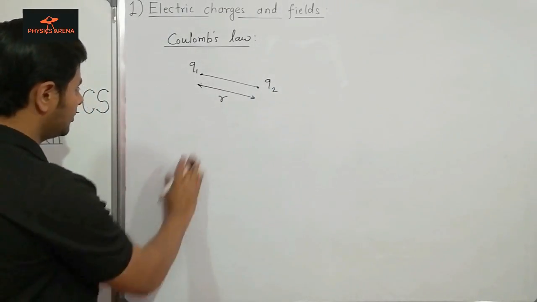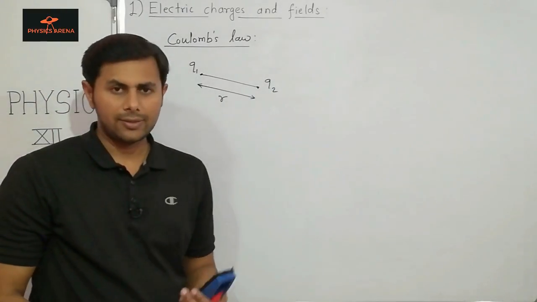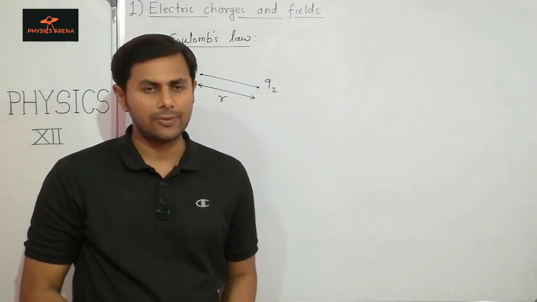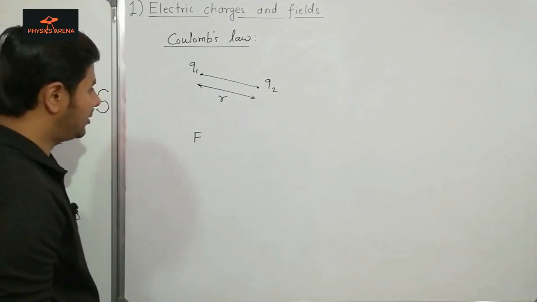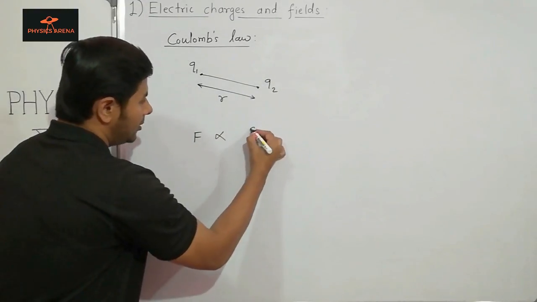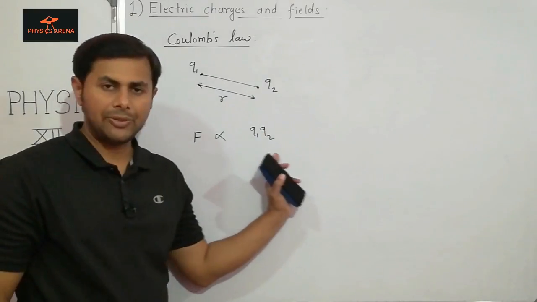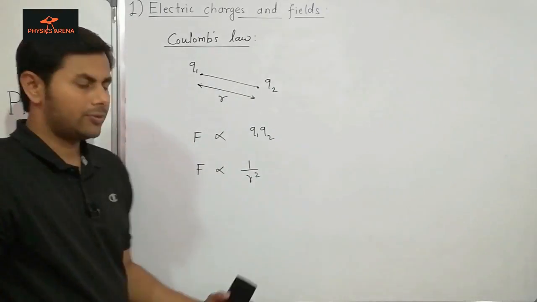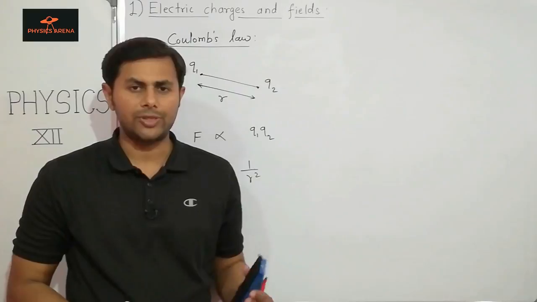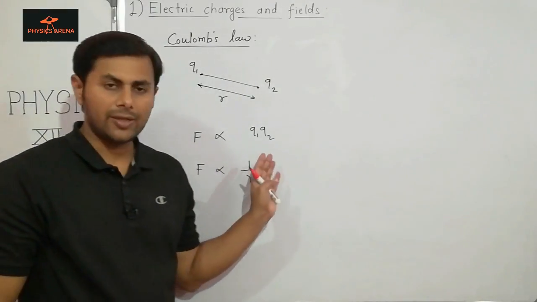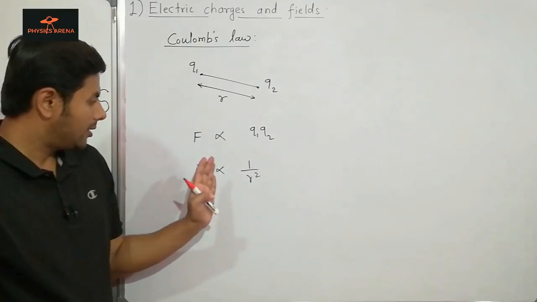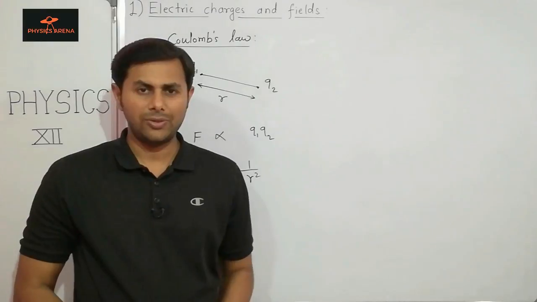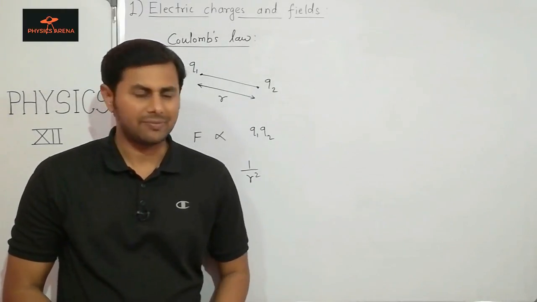Coulomb says that the magnitude of force between these charges, which may be attractive or repulsive, is directly proportional to the product of the magnitudes of the charges, and inversely proportional to the square of the distance between them. So F is proportional to Q1 Q2, and F is inversely proportional to R squared. So it follows an inverse square law just like gravity.